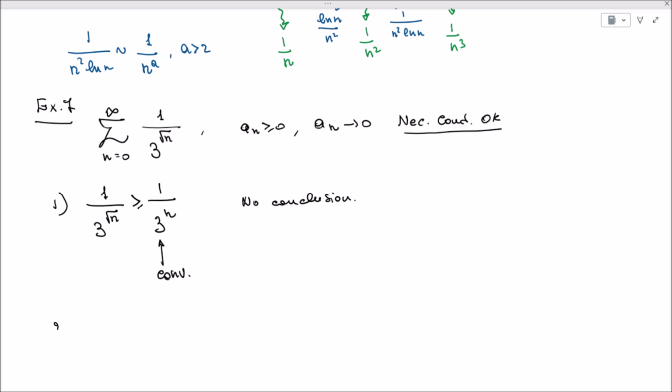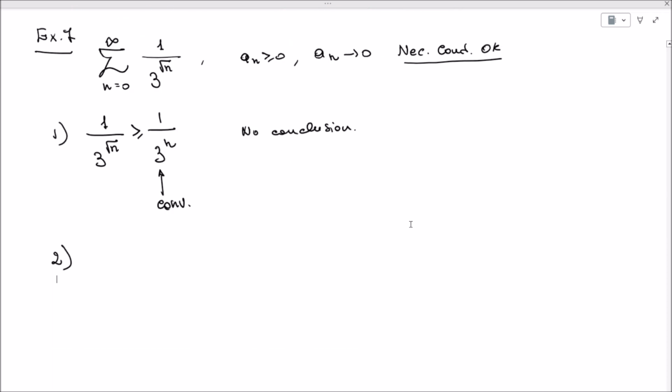Okay, let's try now the asymptotic comparison. What we can say is that we know the relation between an exponential and a power of n. So we could write, for example, that 1 divided by 3 to the square root of n, right? We know that the exponential is larger than any power of n.